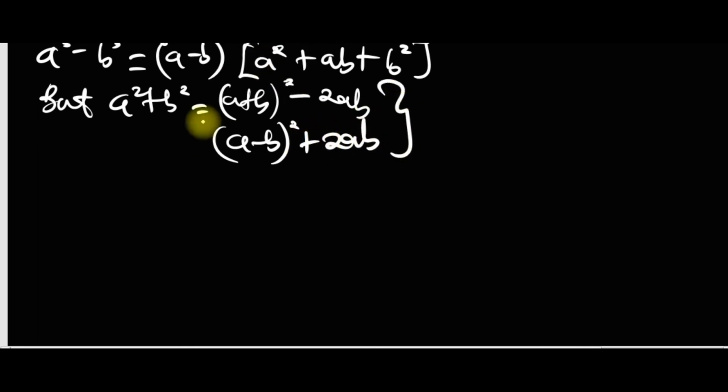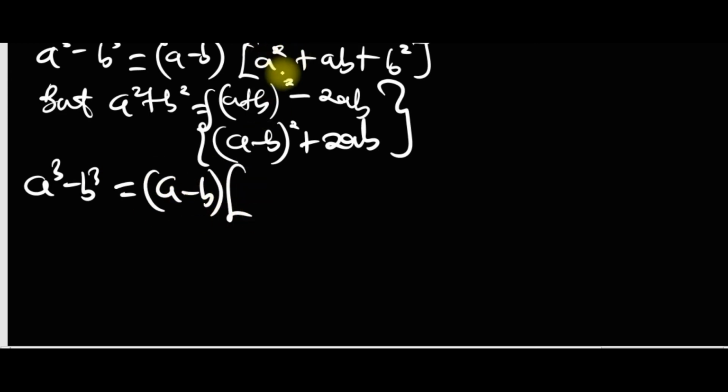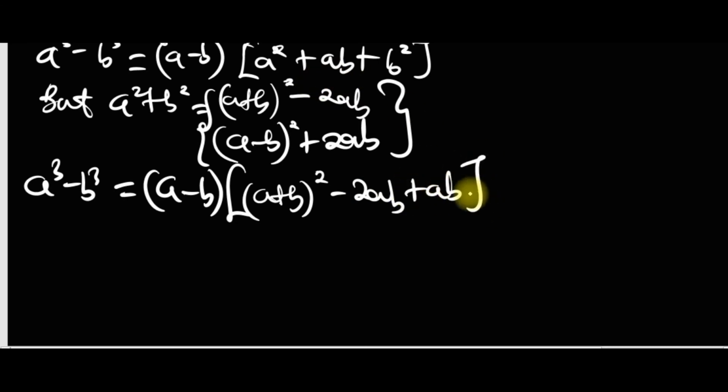So we replace, for a minus b, a squared plus b squared with the first one, which is a plus b squared minus 2ab. I replace a squared plus b squared with this.